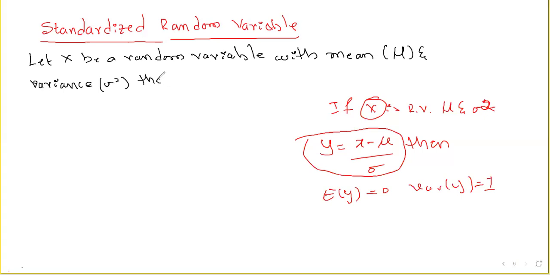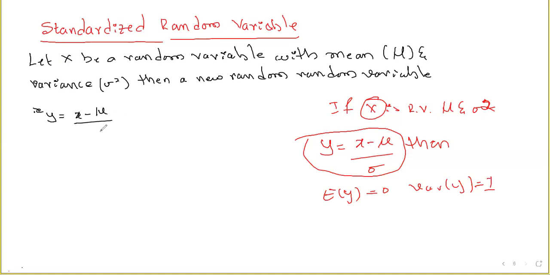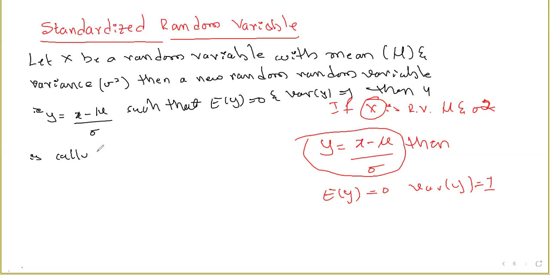Then a new random variable, that is y equal to x minus mu divided by sigma, such that expected value of y equal to 0 and variance of y equal to 1, then y is called a standardized random variable.